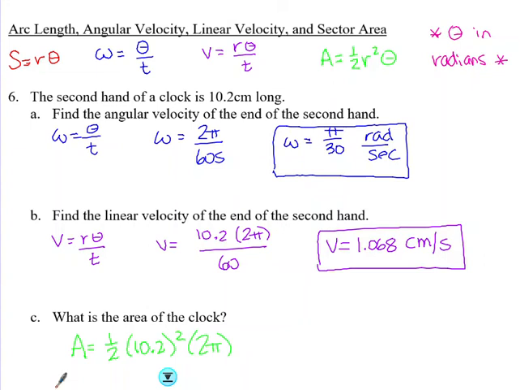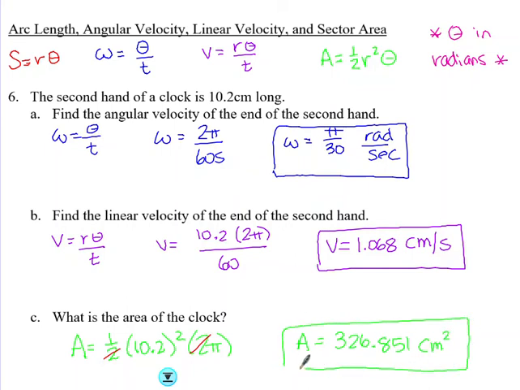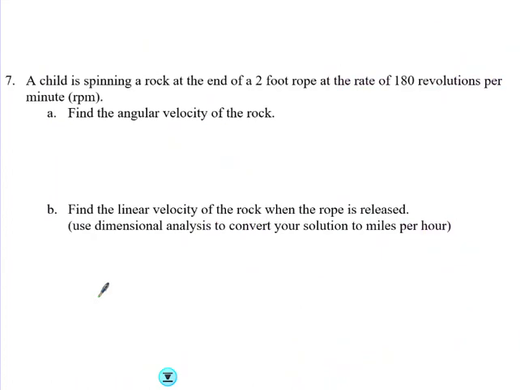If you look carefully, the 2 and the 1/2 will cancel out, and you just end up with the area is pi r squared, which is the formula for the area of a circle. If you throw this in your calculator, you get that the area is 326.851 centimeters squared. Remember, we're talking about area, so we have centimeters squared.